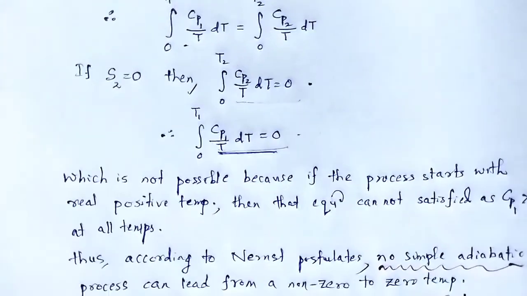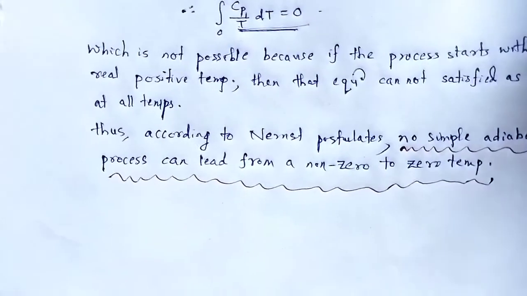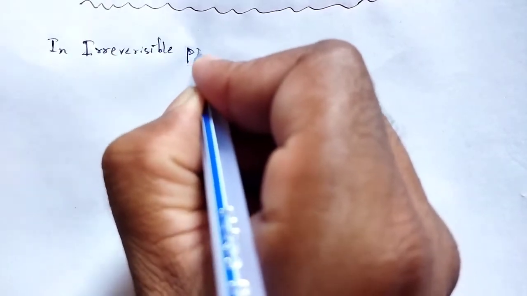Now, we take an irreversible process. Can we achieve the absolute 0 temperature or not? Let us take an irreversible process.